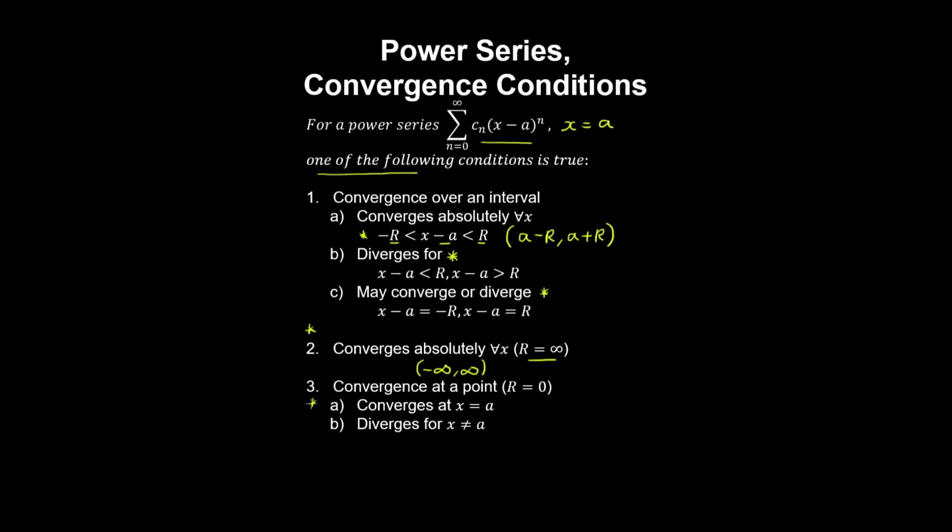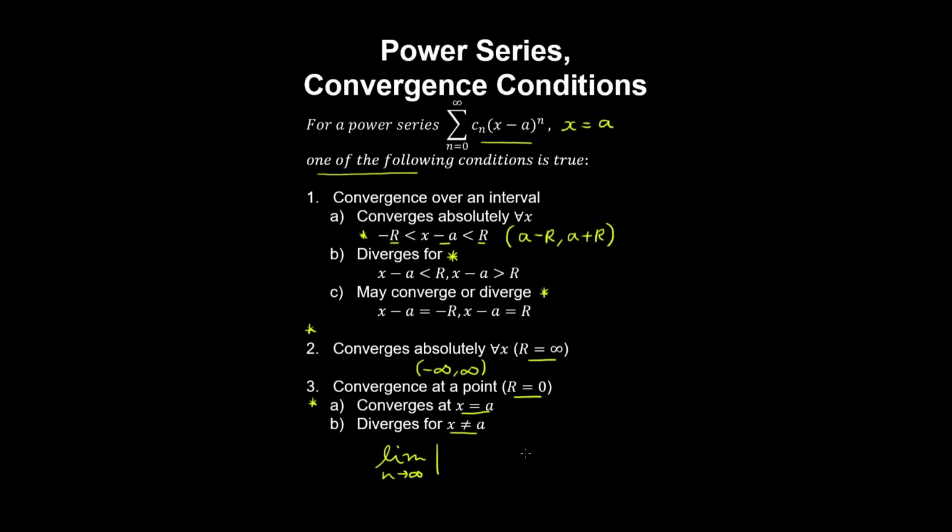And the third way a power series can converge is at a single point. So in this case, the radius of convergence is equal to 0, and the power series converges at a particular x value and diverges for all other x values. And to determine how the power series converges, we use the ratio test.